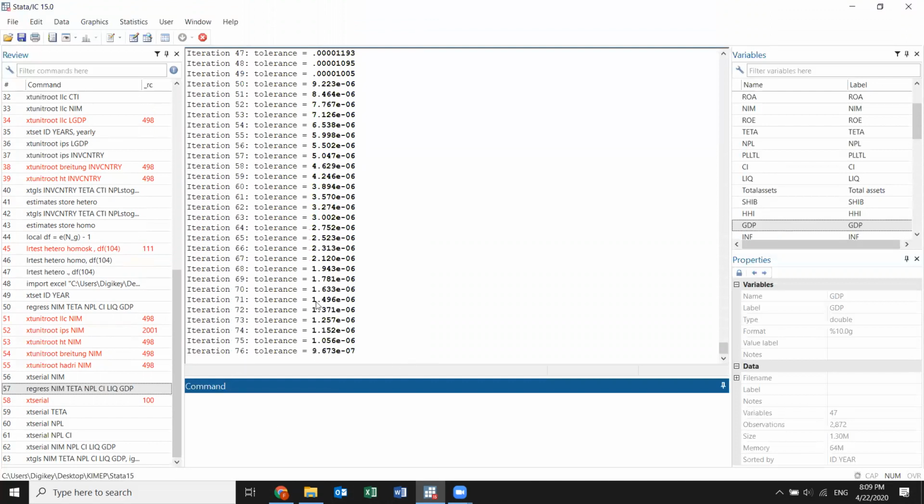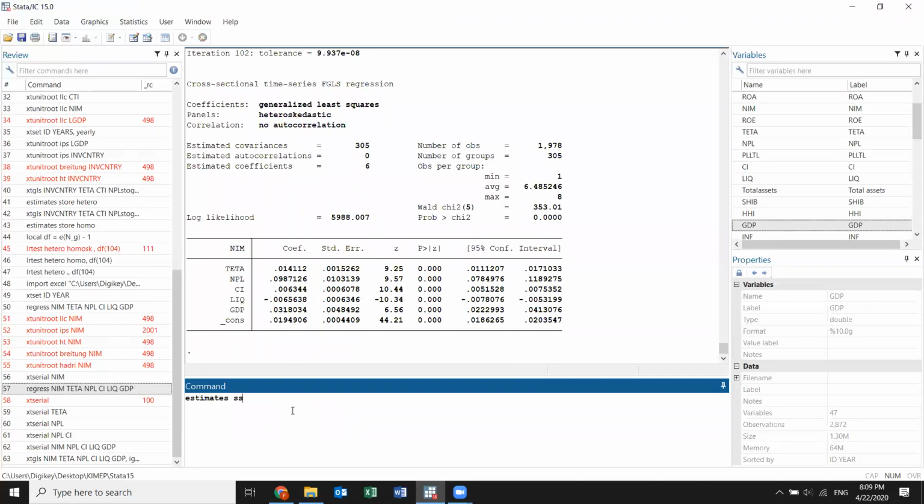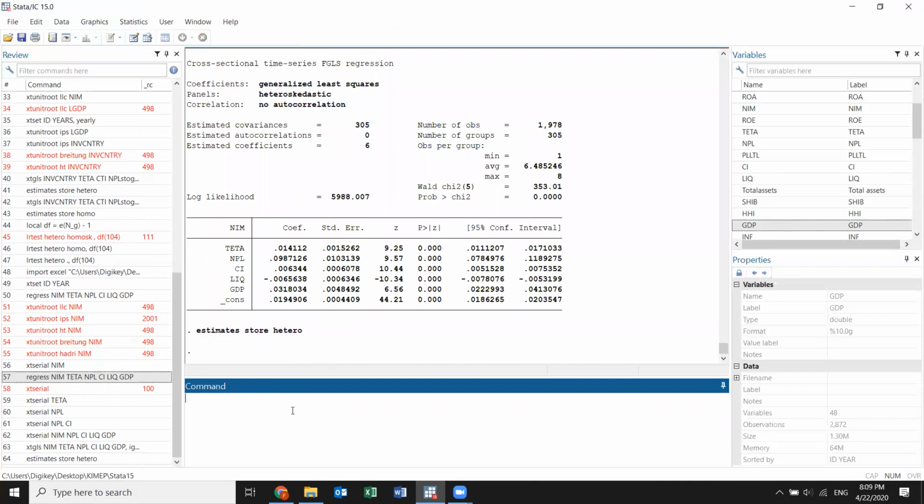We should wait a little bit. Estimates store hetero. We need to save the results.